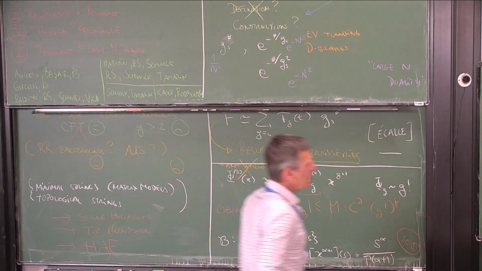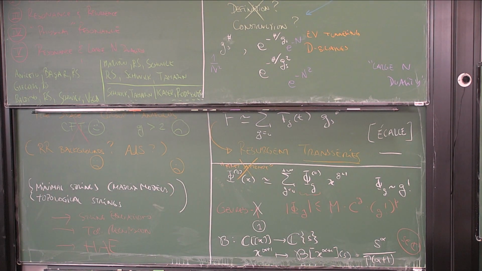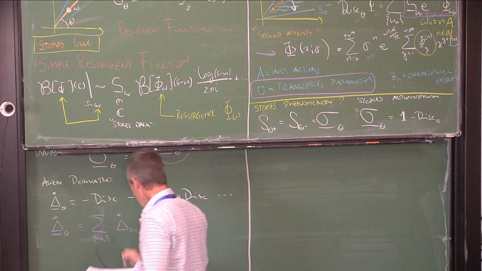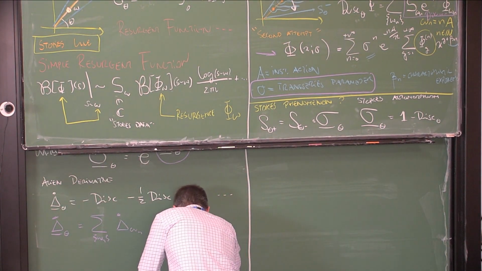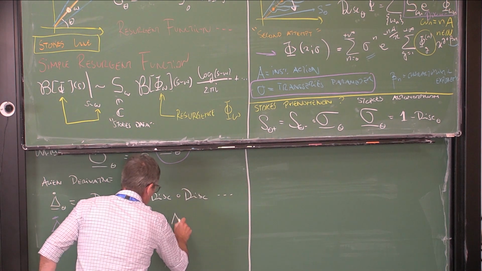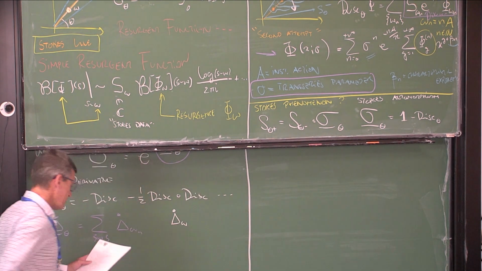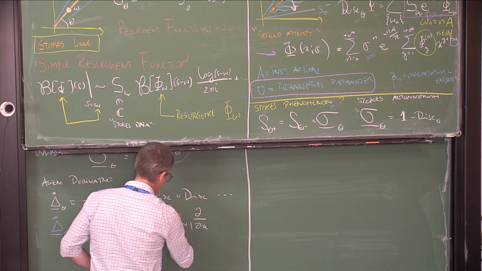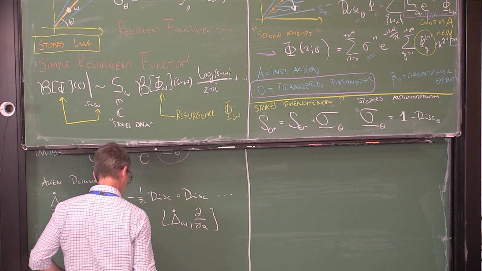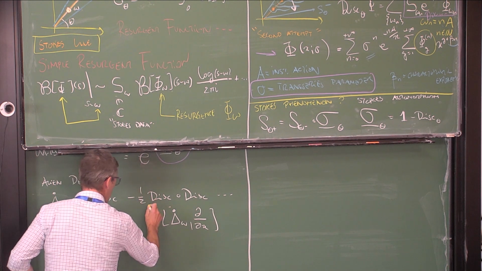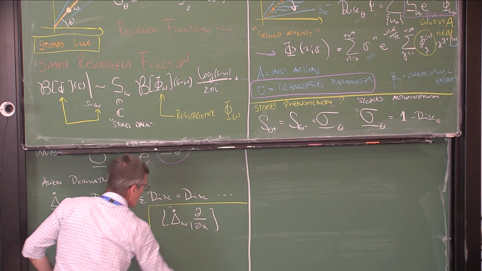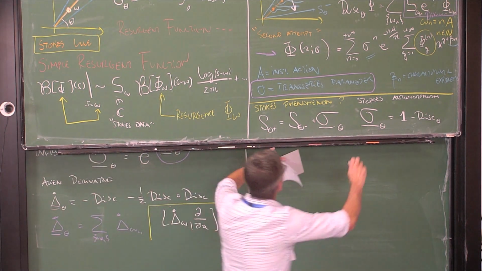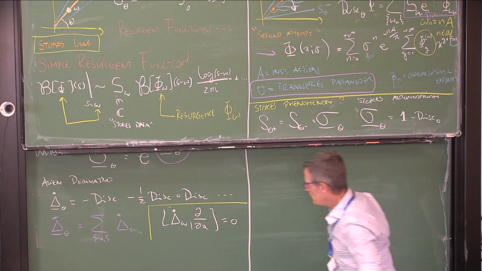Then there's a nice property, which I will not show, but which is the following. It can be shown that the alien derivative commutes with the ordinary derivative. And of course, we have a transseries parameter, which this also commutes with.